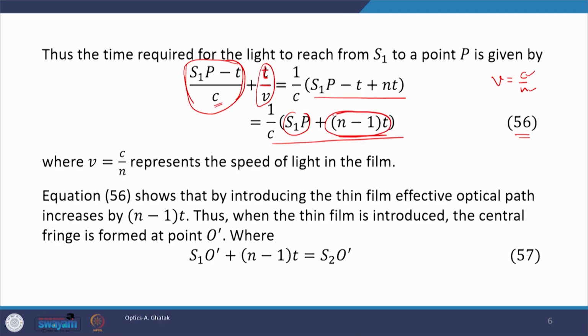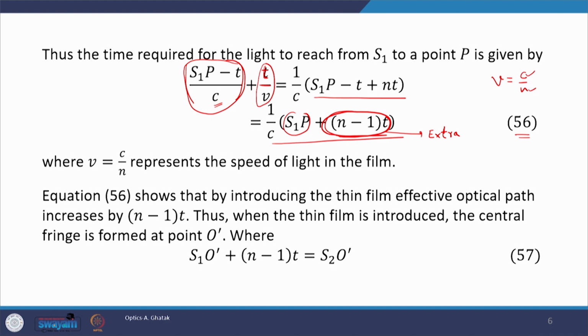But due to the insertion of the film, this is the extra time which the ray is taking. (n minus 1) into T by C is the extra time which the ray is taking due to insertion of this film, or the extra path length travelled by the ray is (n minus 1) into T. This is our extra path length, and it is only due to the insertion of this thin film.